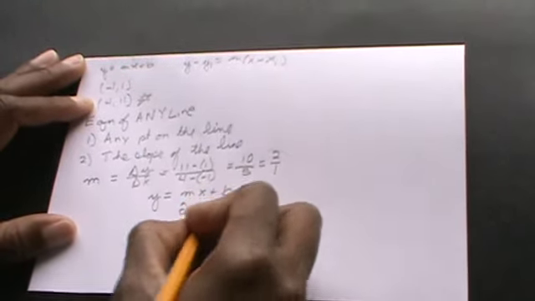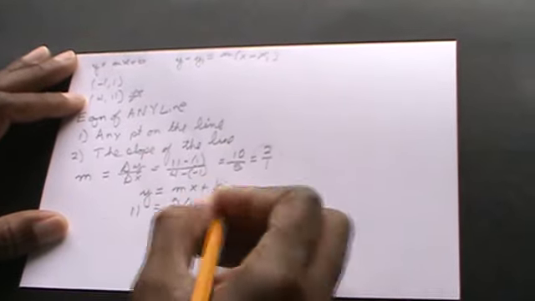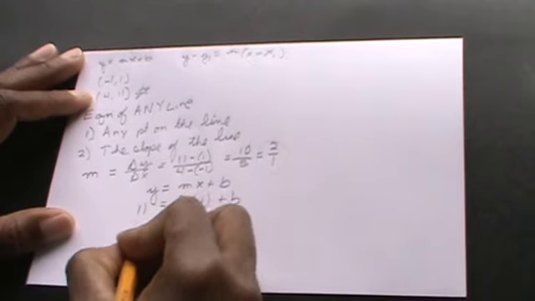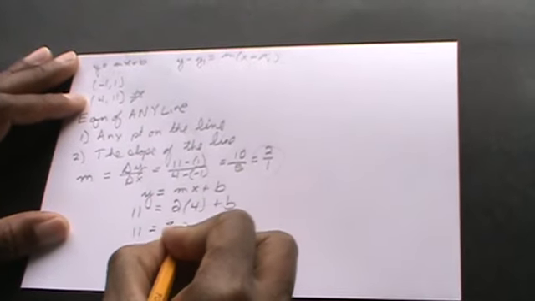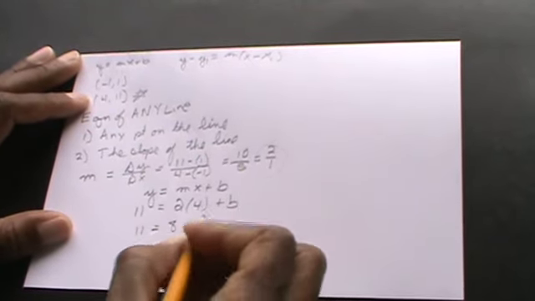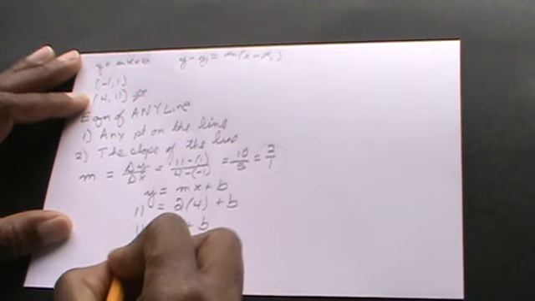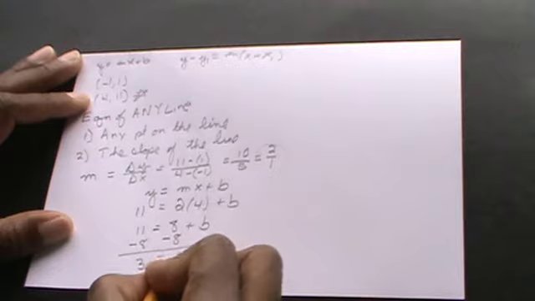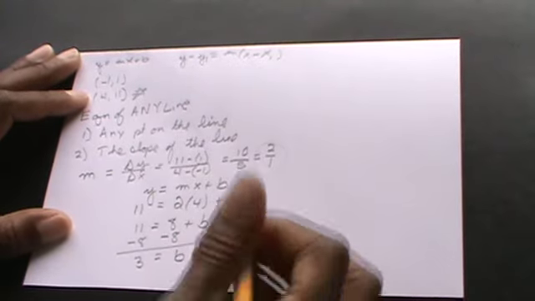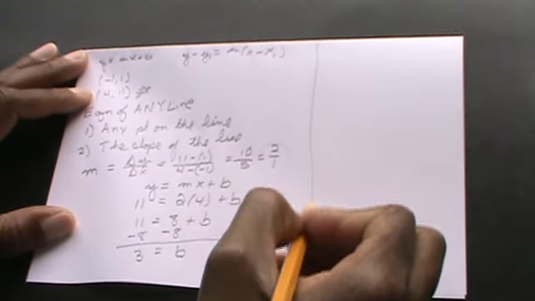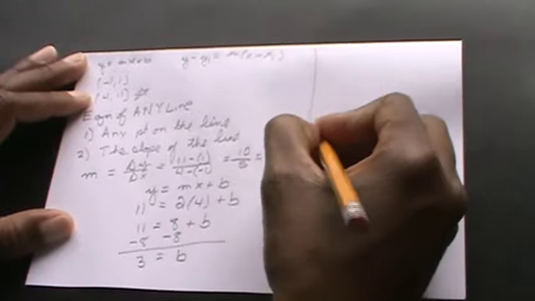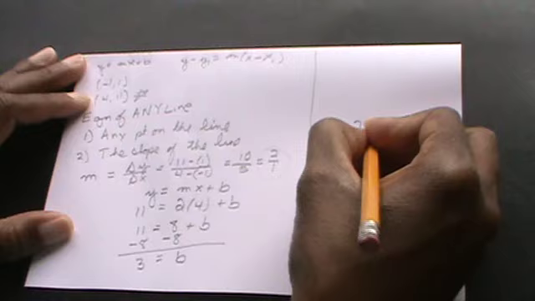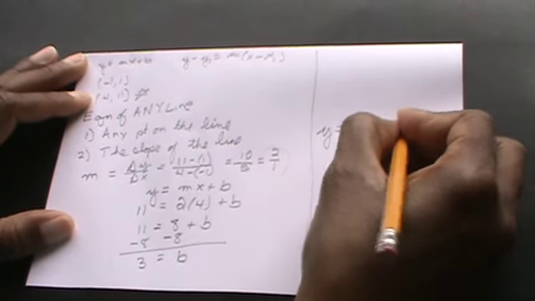So 4 for the x, 11 for the y, and of course there's a plus b on the side. So 11 equals 8 plus b. Subtract 8 from both sides. Make sure that you're showing all of your work. So 3 equals b. If we put it all together, we get y equals 2, your slope, x, plus your b, which is 3.